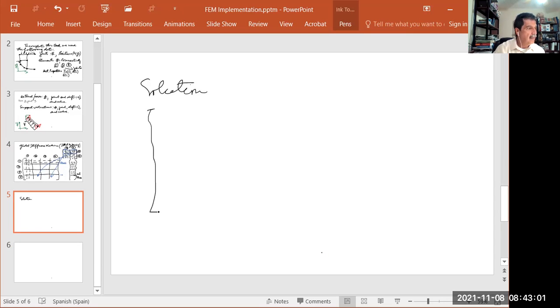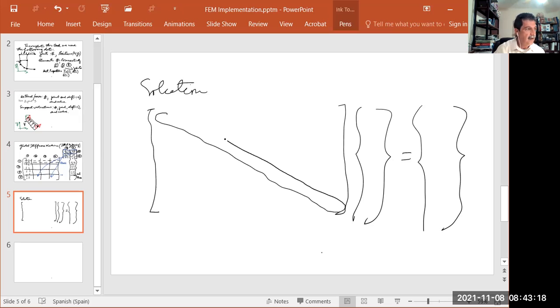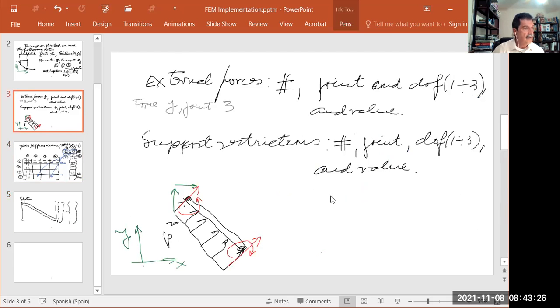Remember that we have this, and this is very important. This is the main diagonal. Somebody said that we need the support conditions. So this is data.